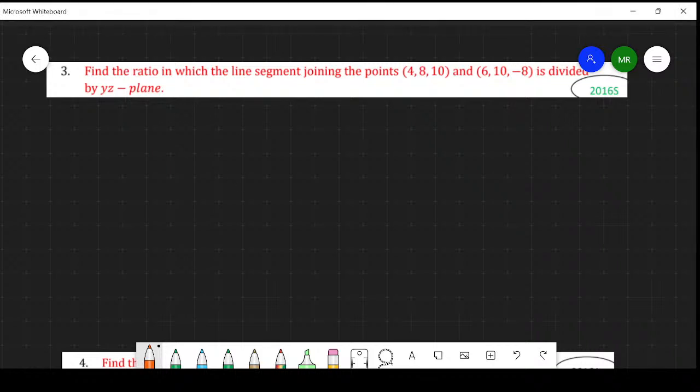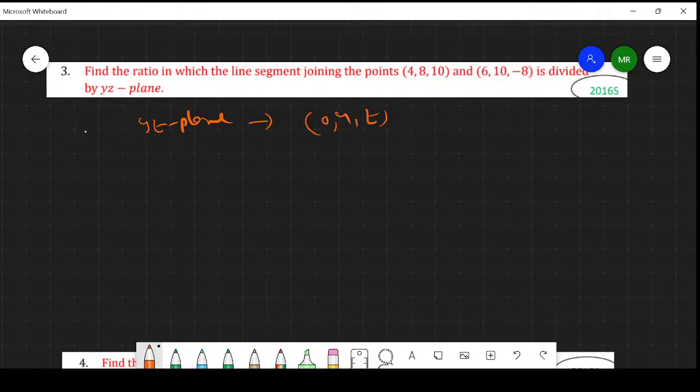Find the ratio in which the line segment joining the points 4, 8, 10 and 6, 10, minus 8 is divided by the YZ plane. This is important. In the YZ plane, the point will be x, y, z with x equal to 0, so in the YZ plane the point can be taken as 0, y, z.